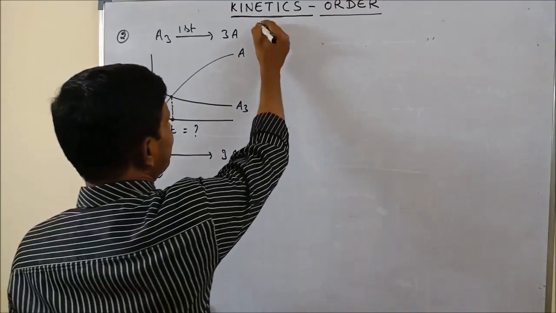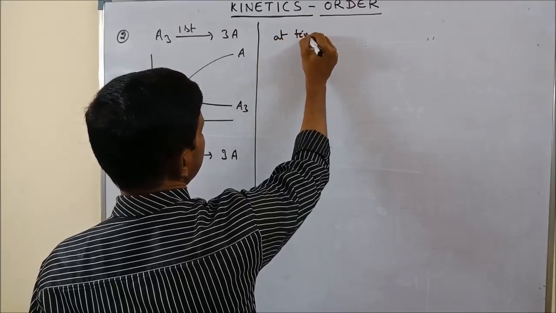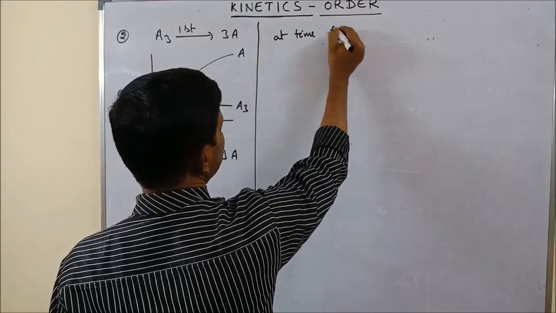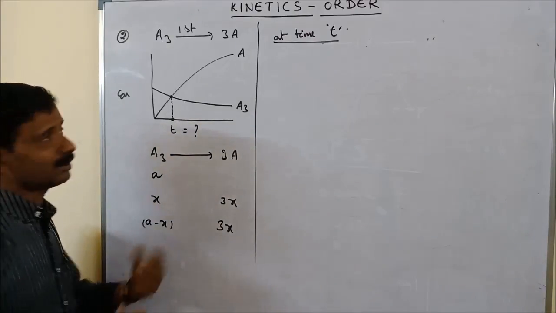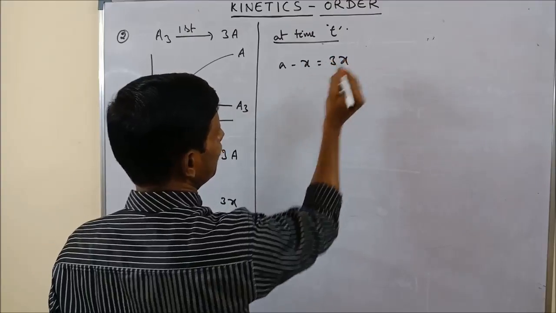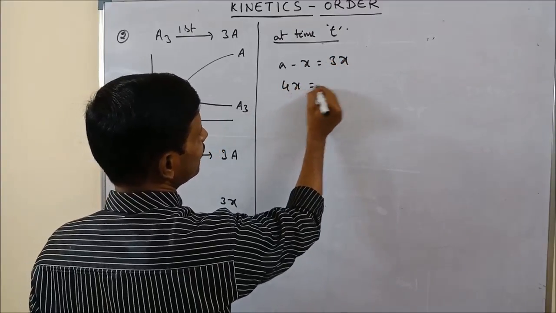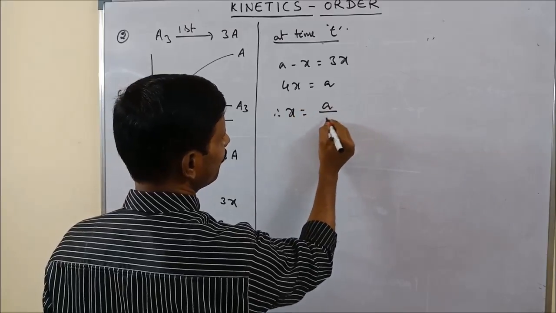Now at time t, what is the condition? A minus X equal to 3X, or 4X equal to A. Therefore X equal to A by 4.